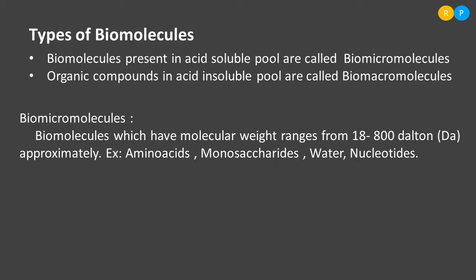The best examples of biomicromolecules are amino acids, monosaccharides, water, and nucleotides. These organic compounds have less molecular weight, that means their molecular weight ranges from 18 to 800 Dalton, so they are called biomicromolecules. Clear?